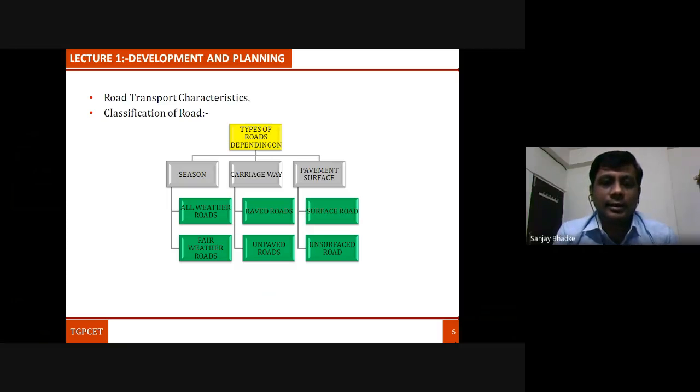We know that previously, if you take the example of Emperor Ashoka or the Mughals, road transport and road development started in India in the BC period.